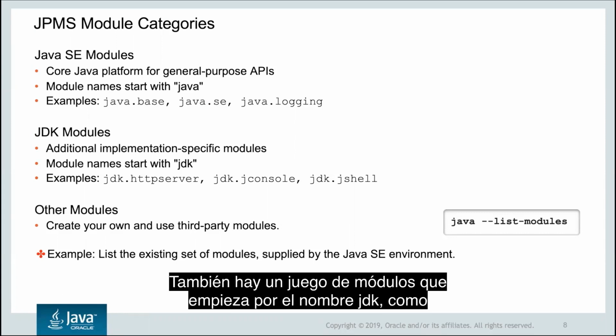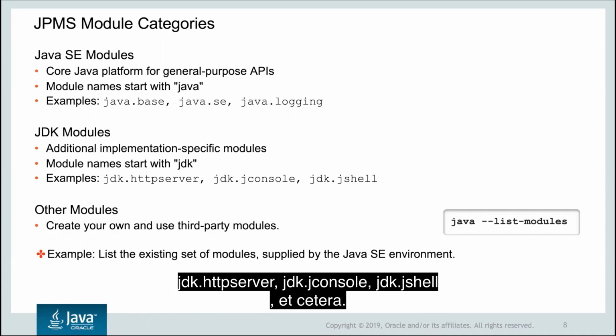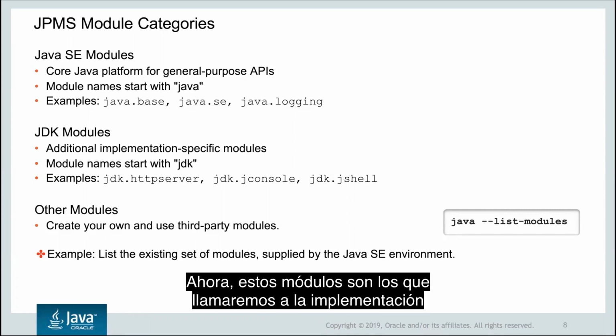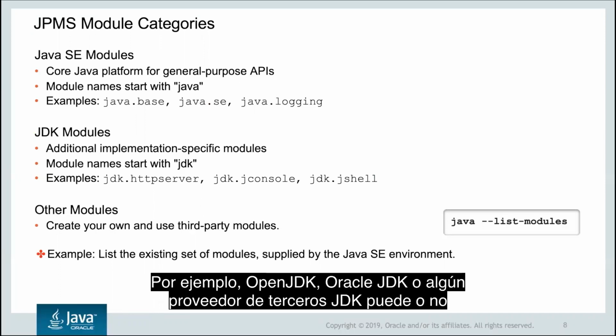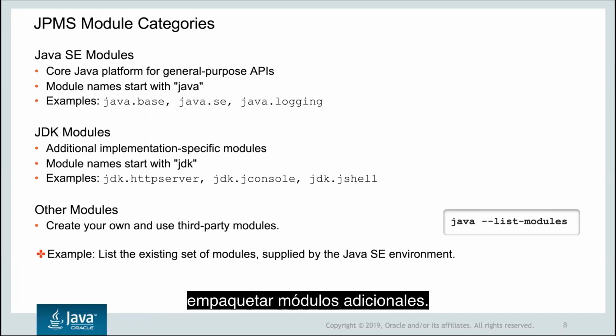There's also a set of modules that start with the name jdk, like jdk.httpserver, jdk.console, jdk.shell, etc. Now, these modules are what we call implementation specific. For example, OpenJDK or Oracle JDK or some third-party provider JDK may or may not package extra modules.